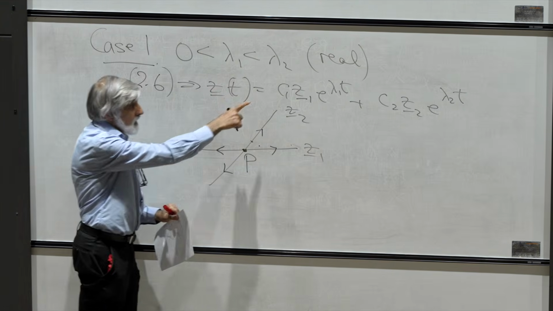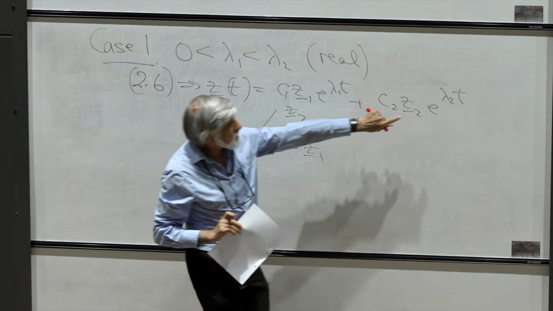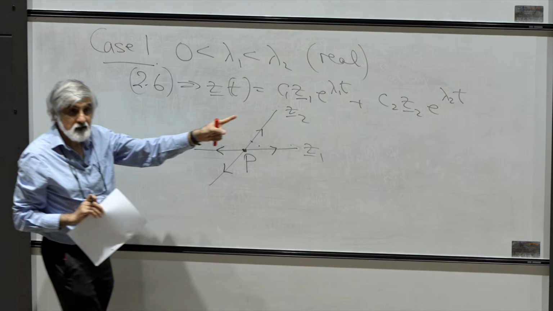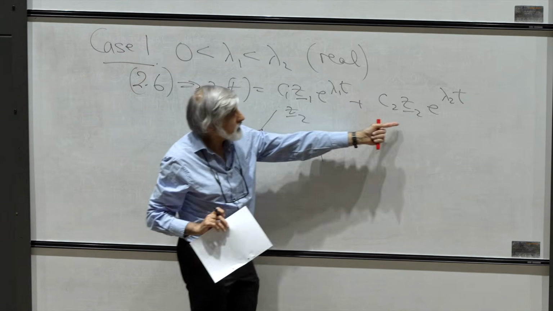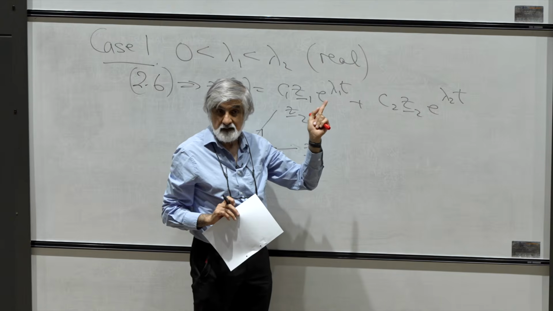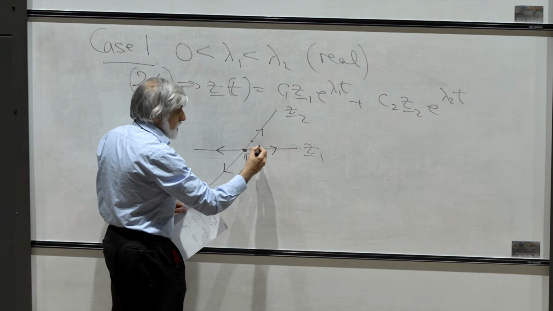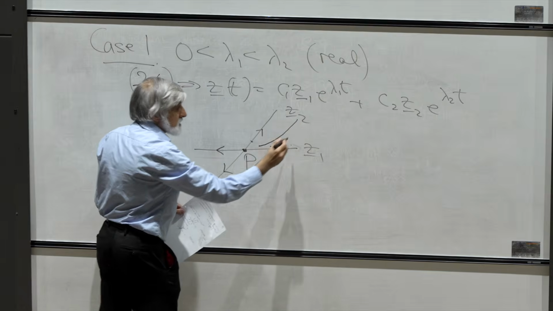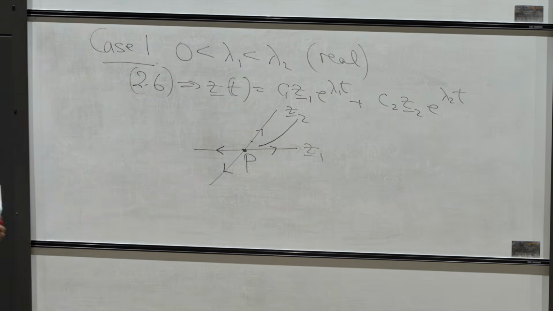Well, I'll get a linear combination of the two of them, but because lambda 2 is bigger than lambda 1, as t goes to infinity, this one is going to dominate, which means that I'm going to be tending in the direction of Z2.